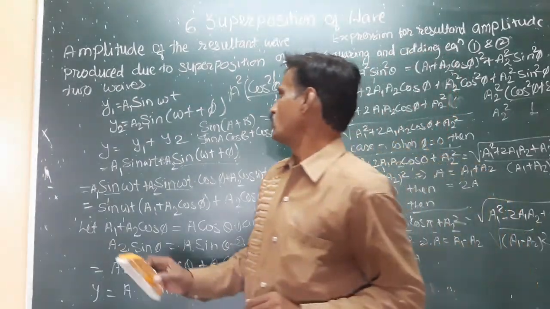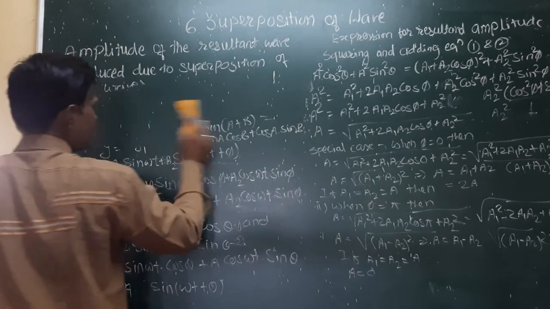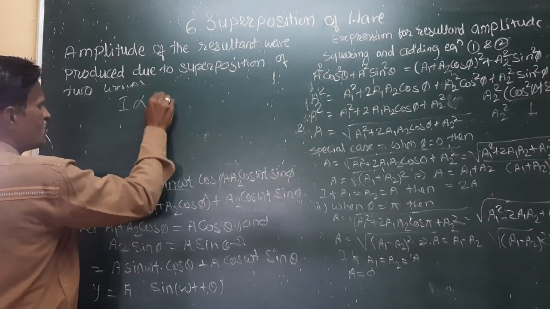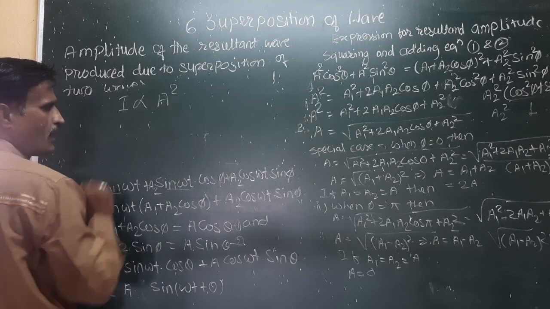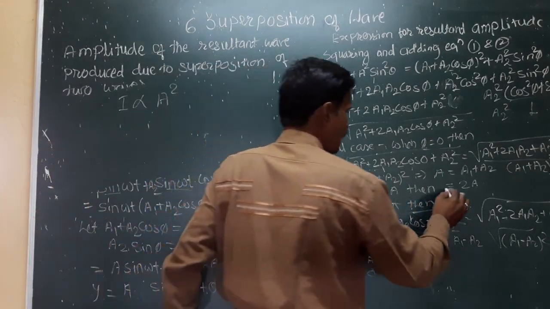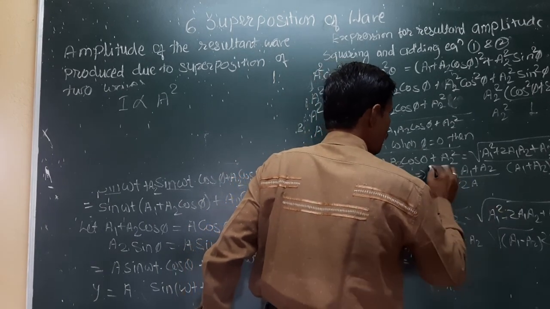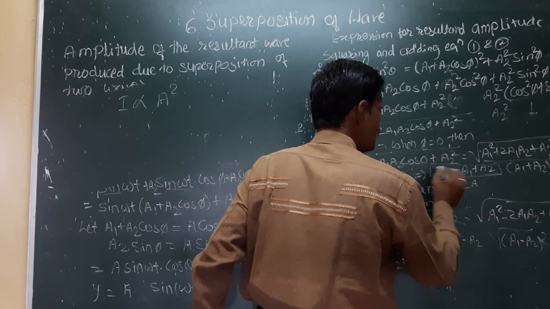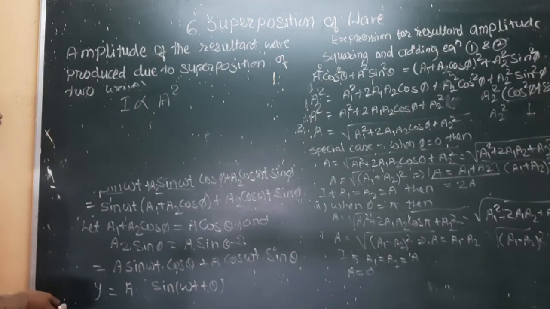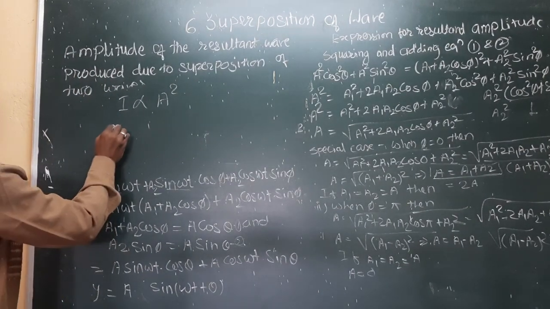We also know that the intensity is directly proportional to the square of the amplitude. Here, in this case, the resultant amplitude is maximum and its value is a1 plus a2.